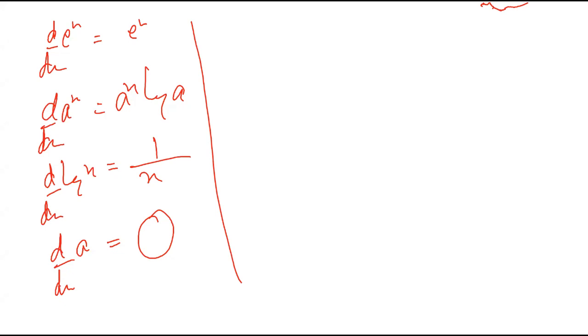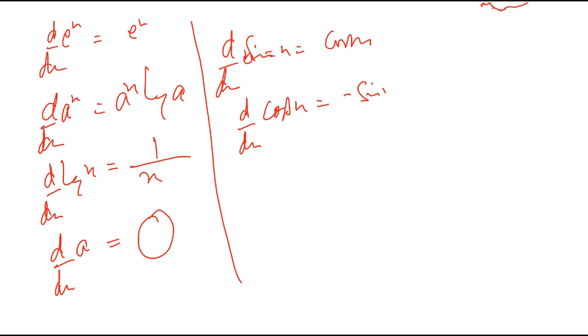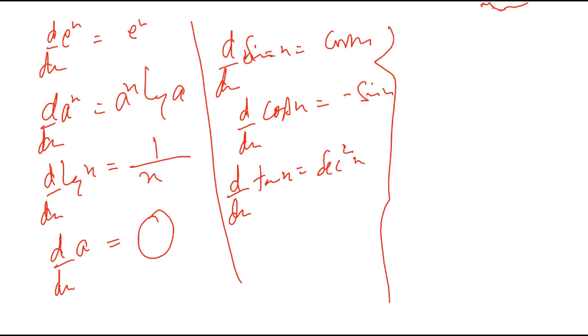And the formulas for trigonometry are, first, you can see this is d by dx of sine x is equal to cos x, and d by dx of cos x is minus sine x, d by dx of tan x is sec square x. These are the formulas. Now, some more formulas are there.